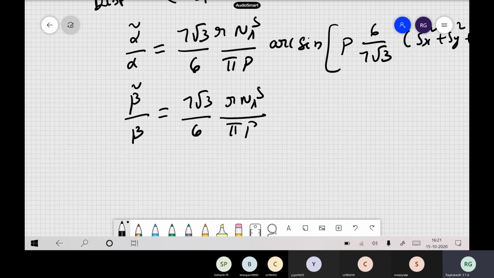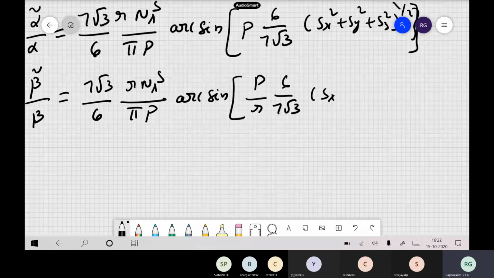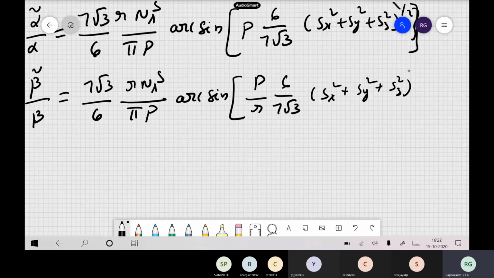We are writing in terms of the number of sample points. So arc sine, everything remains the same. P by R, 6 by 7 root 3, and this remains the same, Sx square plus Sy square plus Sz square to the power of half. So these are our expressions.